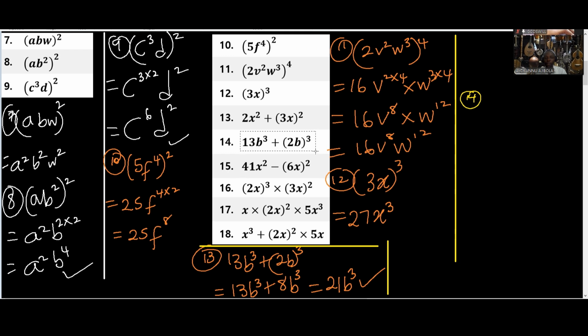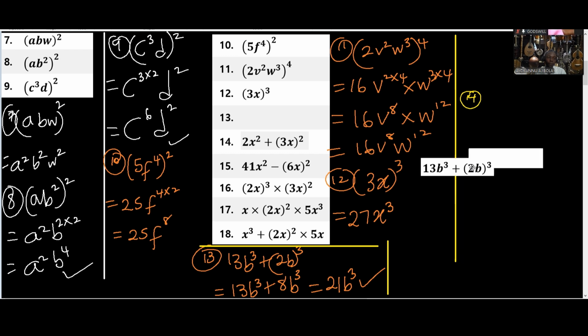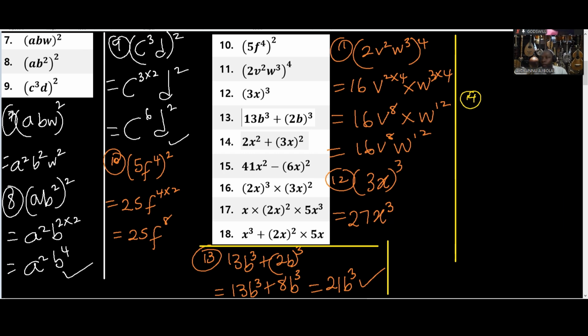So this is number 12, and this one becomes number 14 now. So we can place this back there. Okay, so number 14 now, we have 2x squared plus 3x all squared.